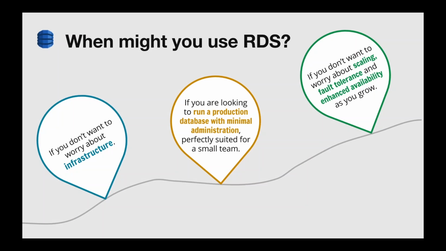Okay, so we discussed this briefly. When do you want to use RDS? I think the main case is if you're a small team and you want to just bring a database up, it's perfect. Yeah. And for prototyping, we've found too, you often want to spin up a database, like Stuart said, one click and away you go.